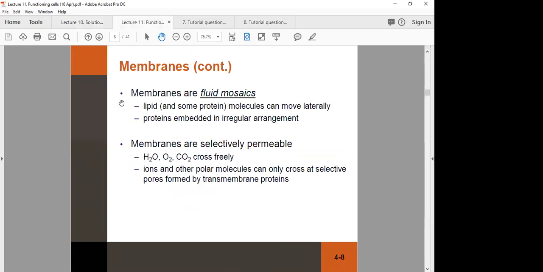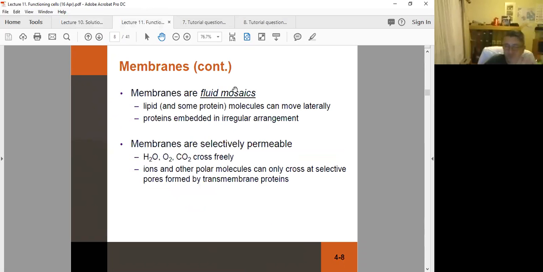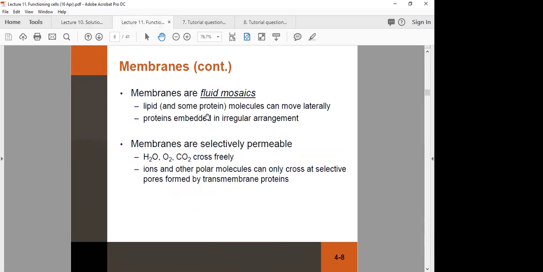All right, so properties of membranes can be summed up right here with these two words. Membranes are said to be fluid mosaics. They're referred to as mosaics because of that asymmetrical nature of the membrane. That is, we have proteins and carbohydrates embedded or attached in an irregular arrangement that is different on one side of the membrane compared to the other.